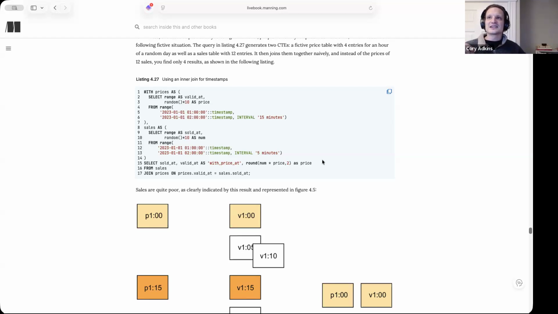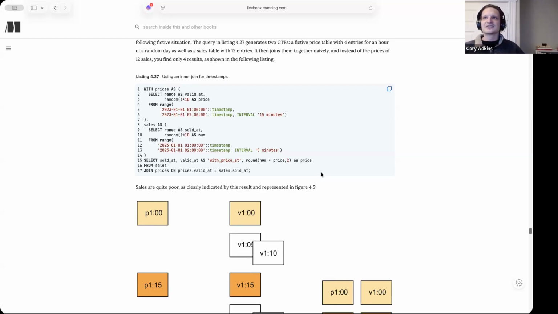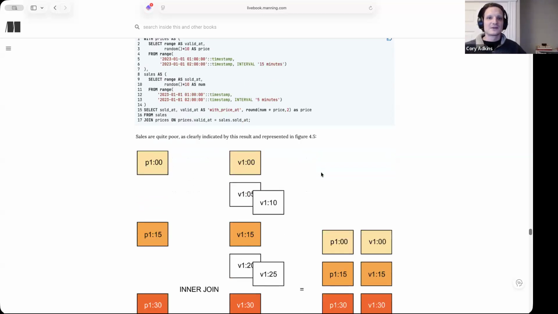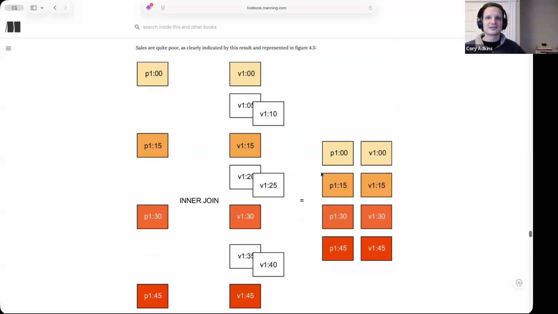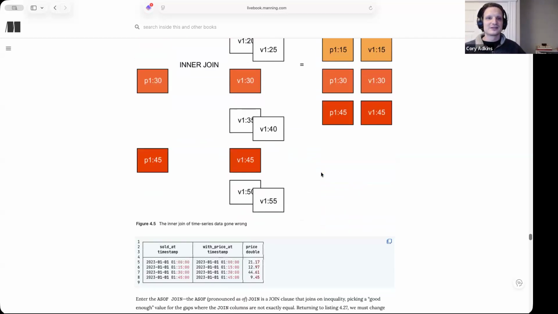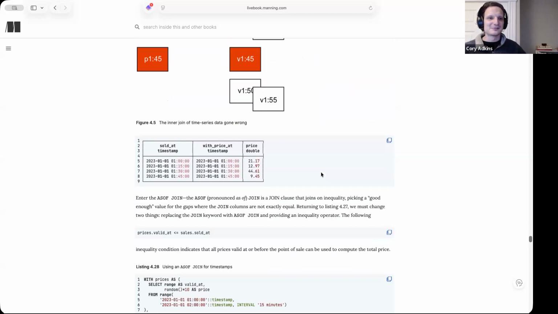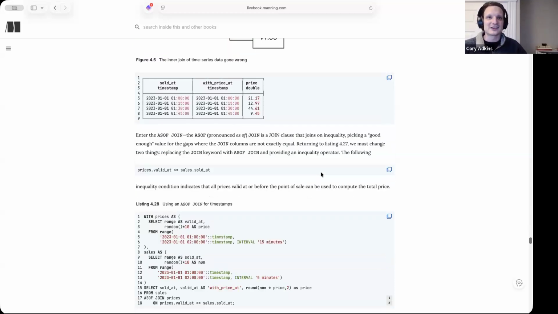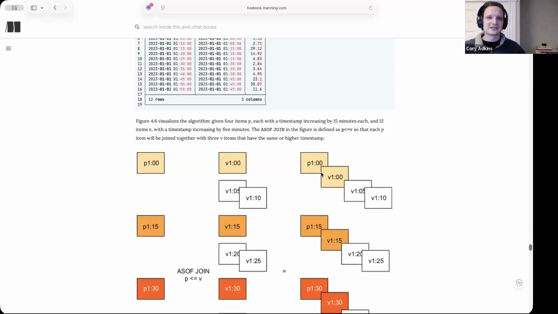You can use inequality joins with date time data types to associate each row with the proper summary row, which I think is what they are trying to do. I'm sure that description didn't make a ton of sense, but I think for time especially, these inequality joins are quite handy.